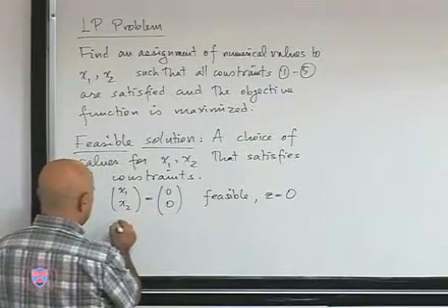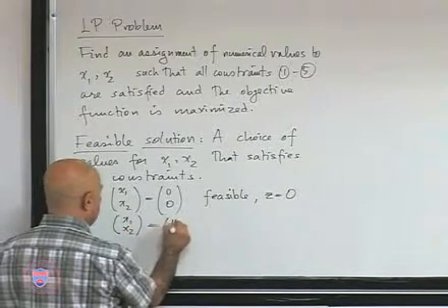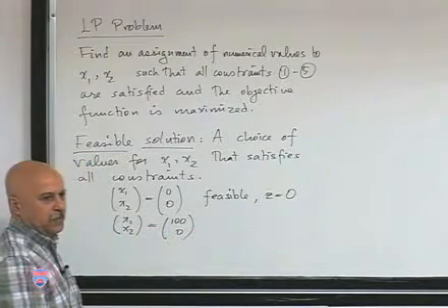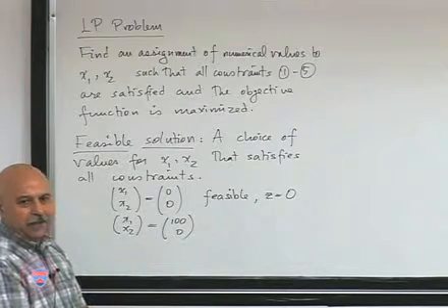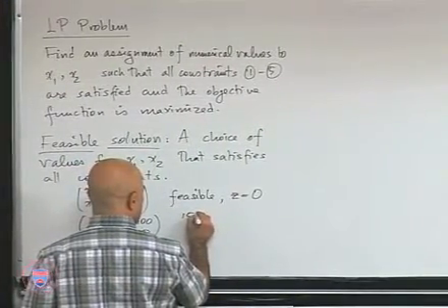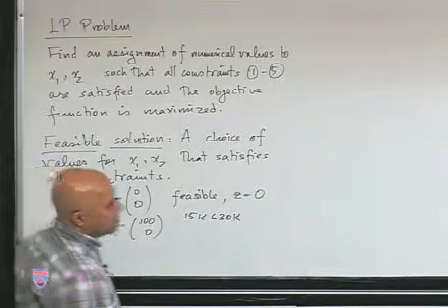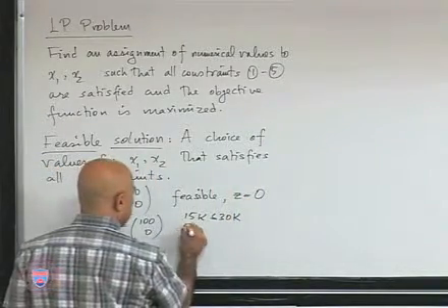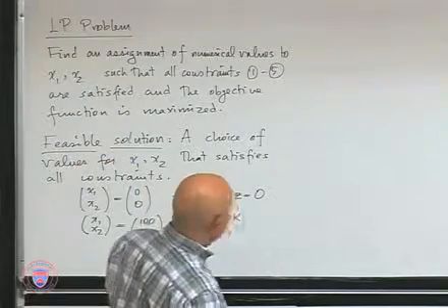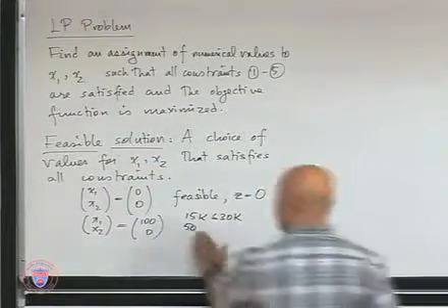All right, what about, for example, if I assign the value, say 100 to the first one, 0 to the second. Is this feasible? I don't know. You put down the numbers to the left side and see if they are or not. The first constraint will tell you 150 times 100. That's going to be 15,000. And that's surely less than or equal to 30,000. So the first constraint is okay. What about the second one?